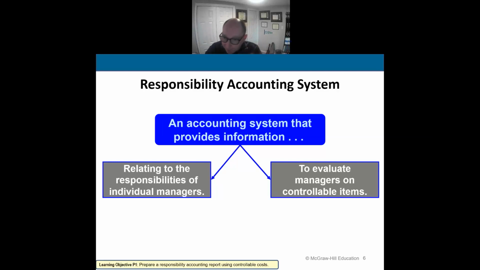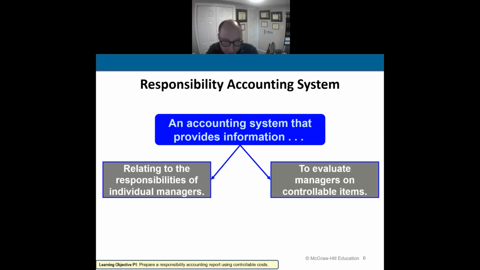But what type of information does that accounting system tell me? Because obviously I need to be able to control as many costs as I can. But I also need to be doing it in a responsible way. So I use this thing called a responsibility accounting system.